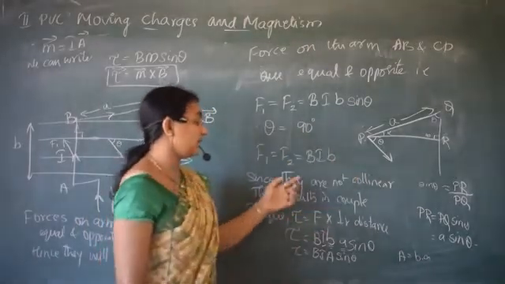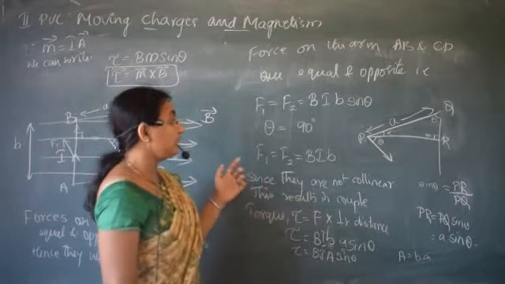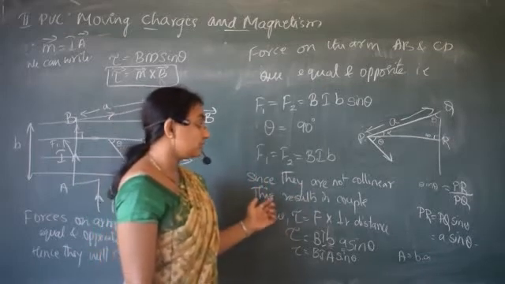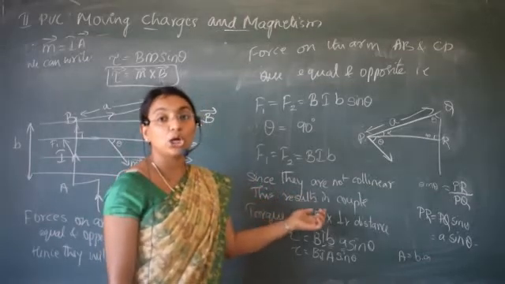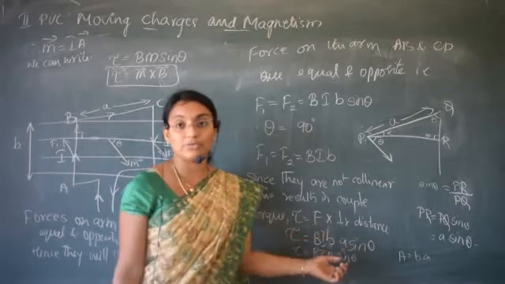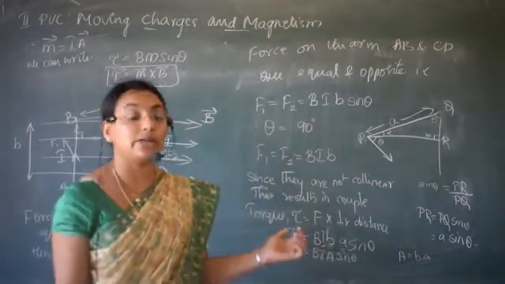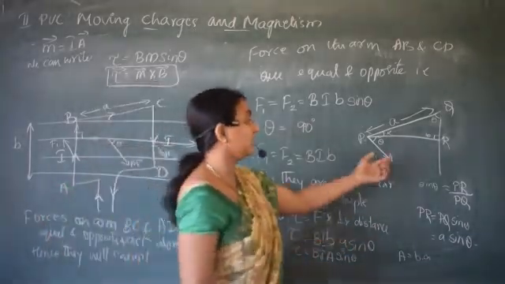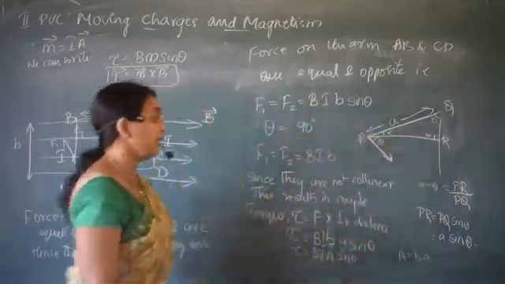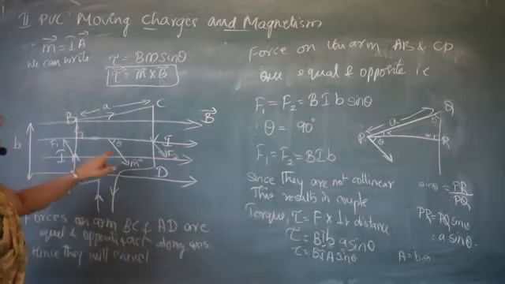Since they are not collinear, even though the forces get cancelled, there results a couple, that is torque. Tau is equal to force into perpendicular distance. To calculate the perpendicular distance, I have redrawn it from the top view. See here, this is the normal drawn to the surface.